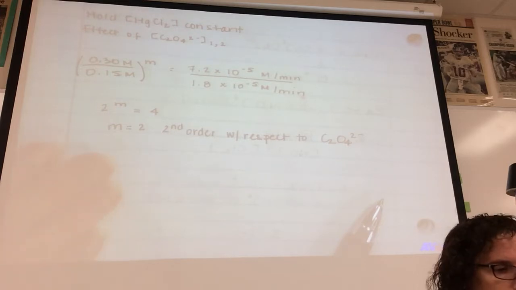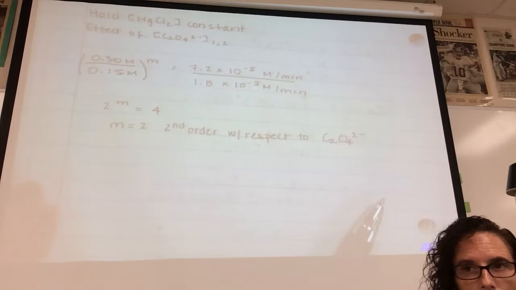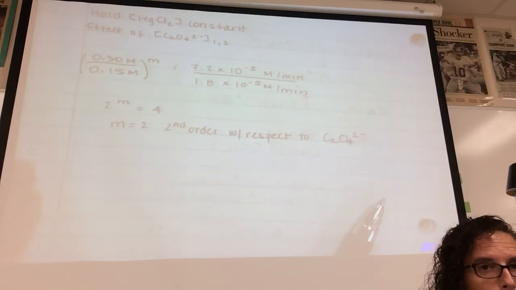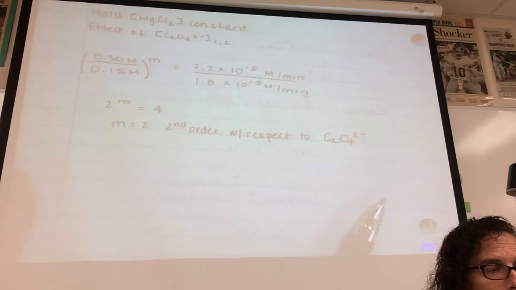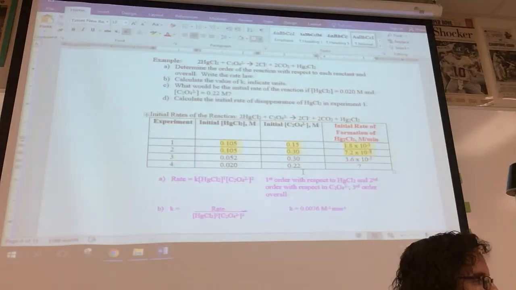Now, for many of you, this should look familiar. I can't emphasize enough the importance of working through rate law problems over the weekend such that you are an expert in writing rate laws come Monday. All right, now we need to go for the next piece of the puzzle.